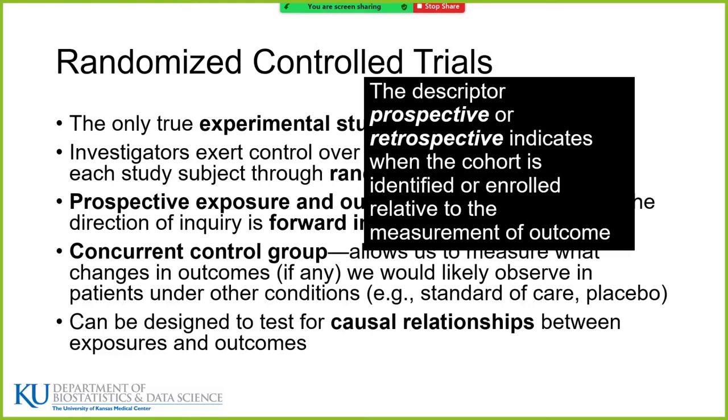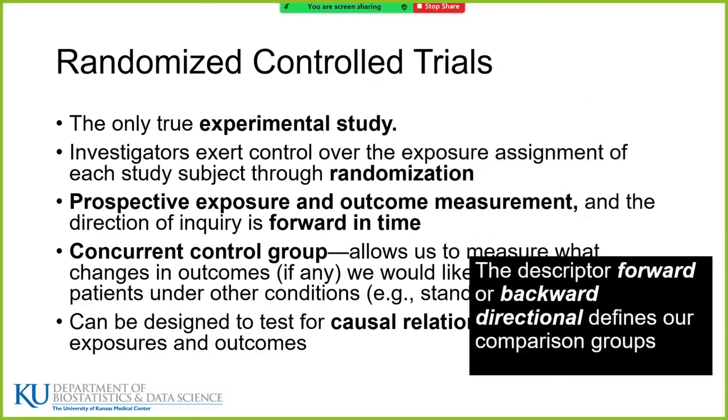So in a randomized controlled trial, it's prospective because I enroll patients and then I measure, as opposed to having information already measured on a past set of patients and using it in my retrospective study.